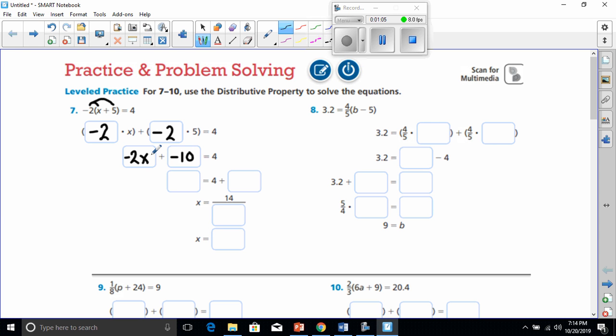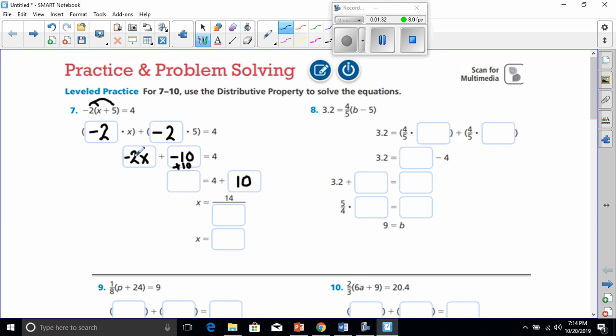Now I can go ahead and use my addition property to get rid of my -10. All right, so that means I'm going to add 10 to this side, which means I add 10 to this side. That's what it means, 4 plus 10.